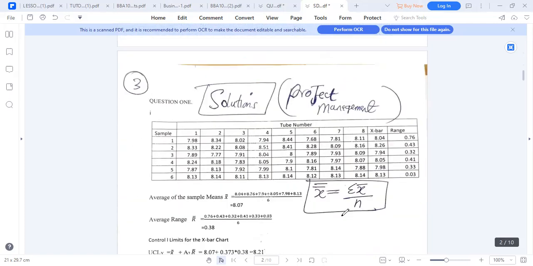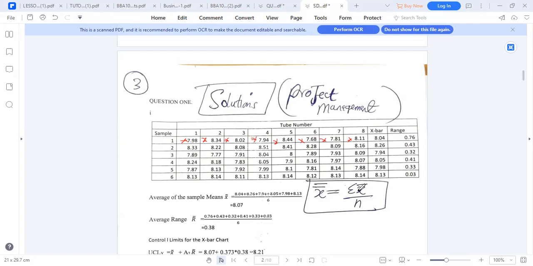So we have to find an X bar, which is the mean of each of these samples. We find the addition of each of these and then the mean. So we use the X bar chart. There are 2 charts involved here.